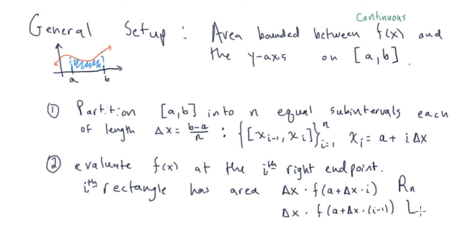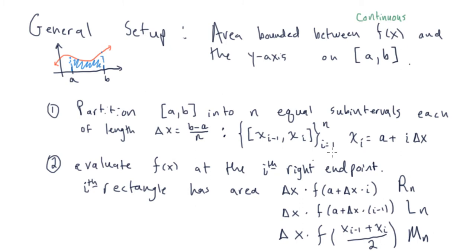This is for L sub n. And then for the midpoint, if we wanted to do that, it's just delta x times f of, and I'll just write it this way, whatever x sub i minus 1 is, plus x sub i, over 2. So it's the average of the left endpoint and the right endpoint. Okay?